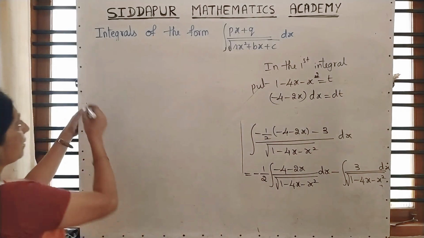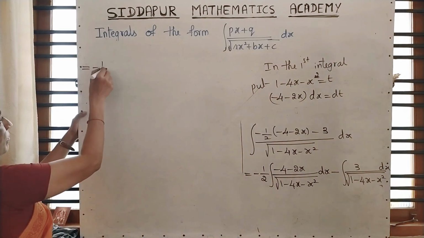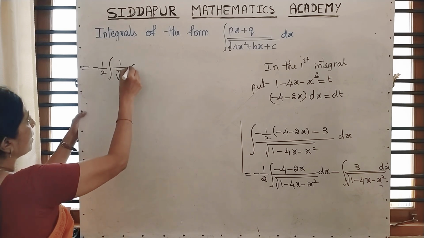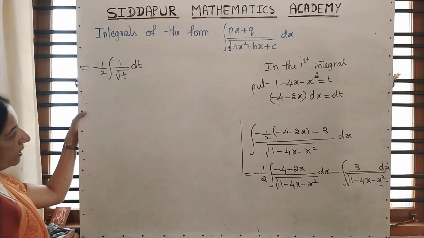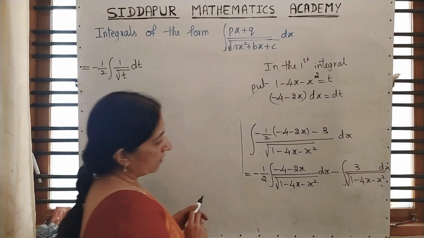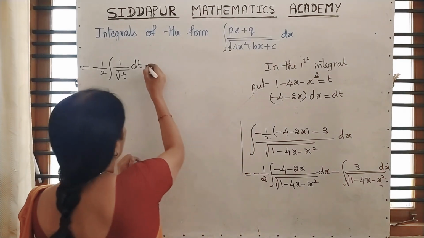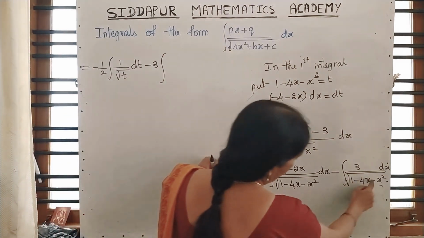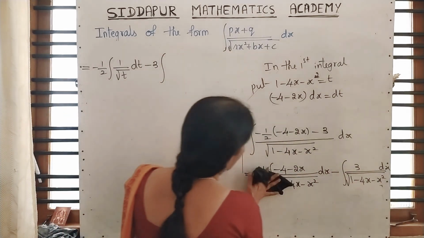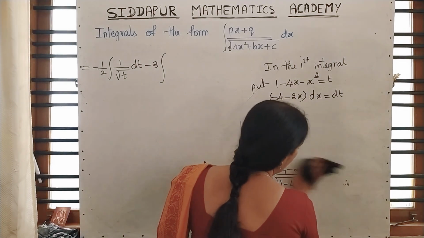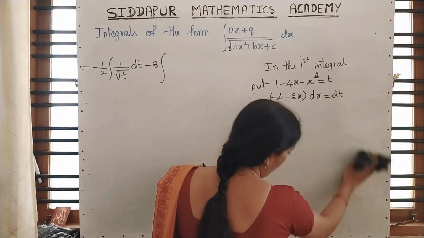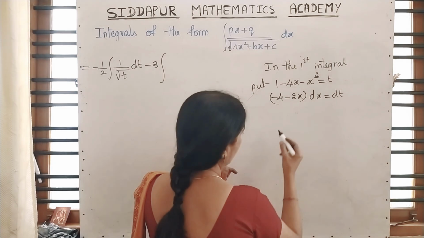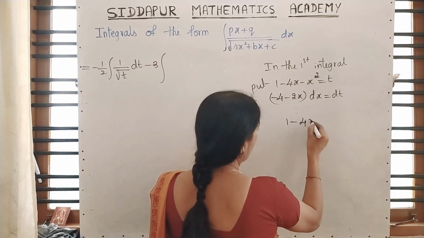Write down that: minus 1 by 2 integration of 1 by root t into dt. And in the second one, minus 3 I kept as it is, integration of, make it a perfect square, 1 minus 4x minus x square.